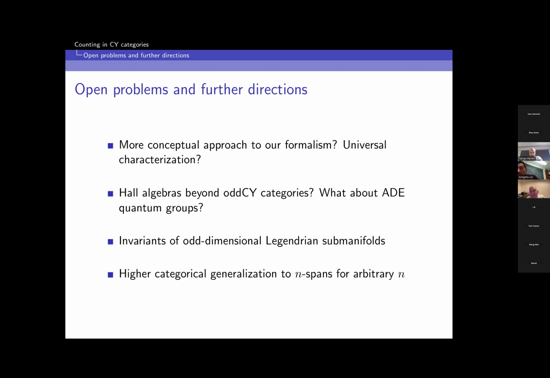So a model example for what I'm talking about is this Nakajima construction of the infinite Heisenberg algebra acting on the cohomology of the stack moduli space of all Hilbert schemes of all orders, so it's also infinite, for all n of C square.